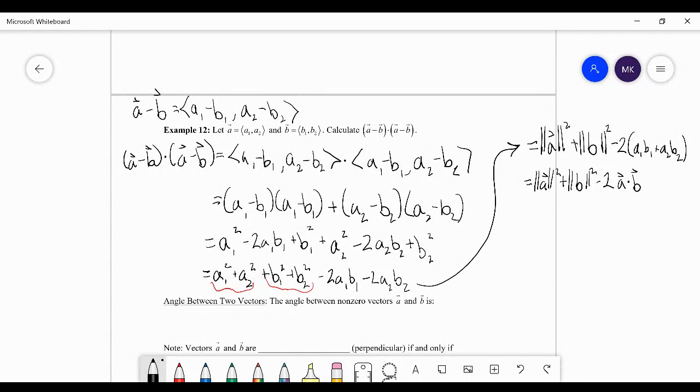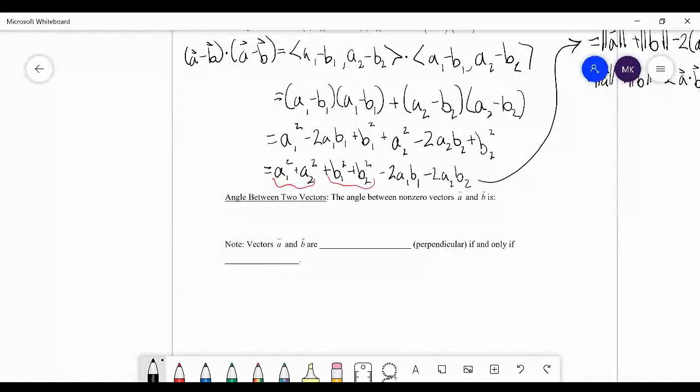All right, now what about the angle between two vectors? So what I mean by this is if I have, let's say, vector A and vector B, I want to find this angle here.